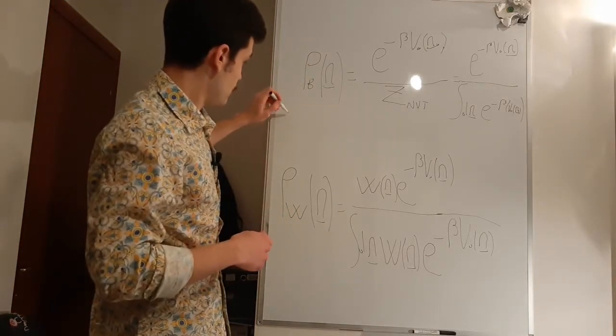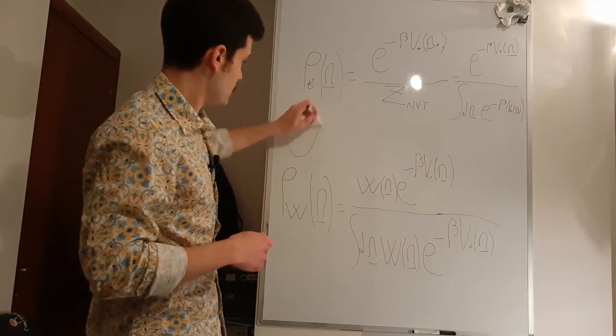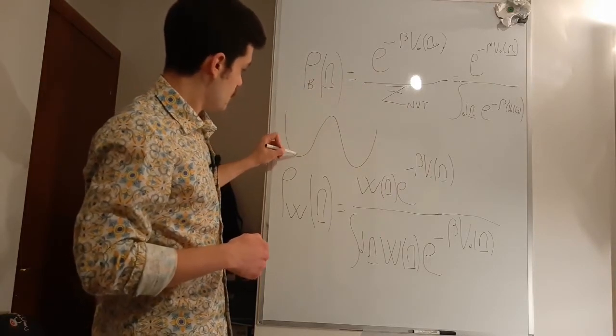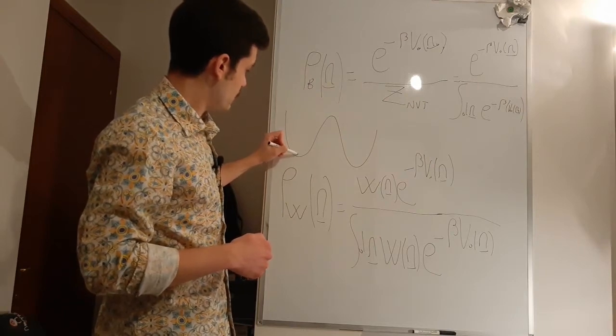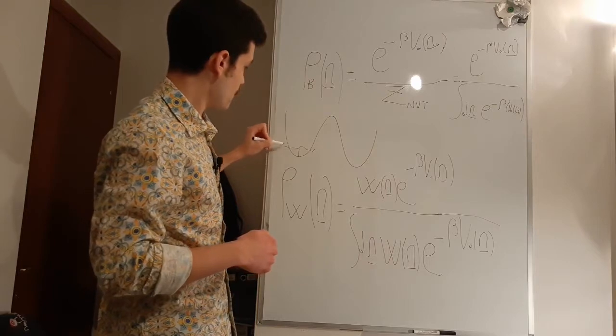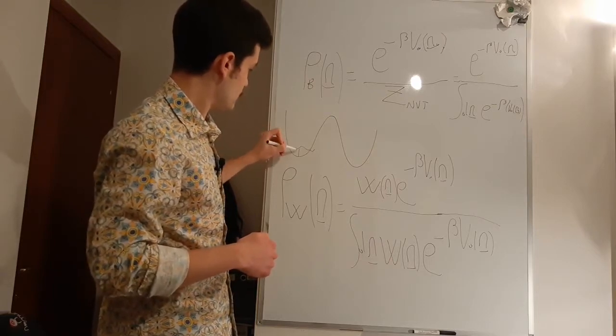So what we are interested in doing is, for example, if we have a system like this, in a Boltzmann dynamics, if we start here, we would probably stay here for the whole time and know only something about this path.